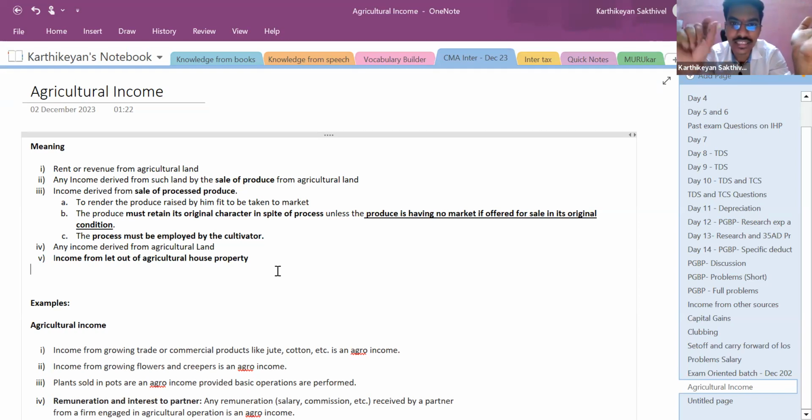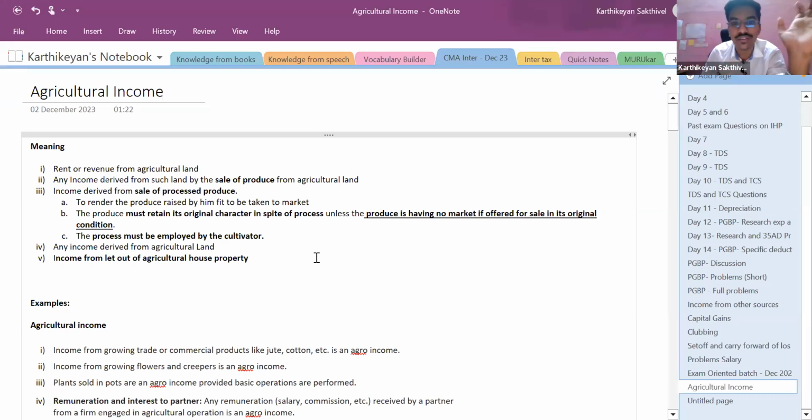So that residential dwelling, if he is going to earn any income, if that residential dwelling is actually let out and if it is used for the agricultural purpose, in such a case any income which is received as rent from a house property which is used for agricultural purpose, because it is very close to the agricultural land and that residential dwelling is used similar to a farmhouse, that rent is also to be treated as agricultural income.